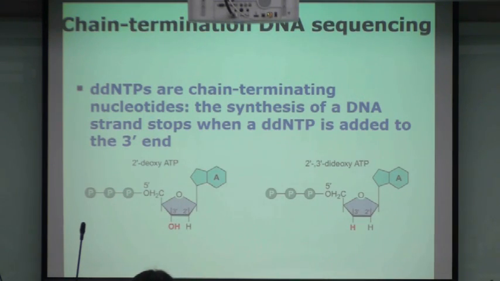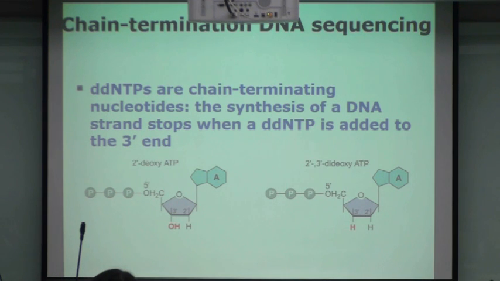Okay. So sequencing, we can talk about classic sequencing, the Sanger sequencing, where you have a mixture of the incoming or the adding nucleotide, because all the enzyme does is adding new nucleotide into the newly synthesized strand, right?